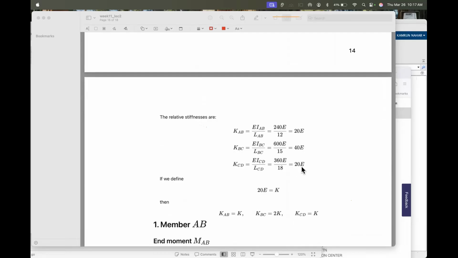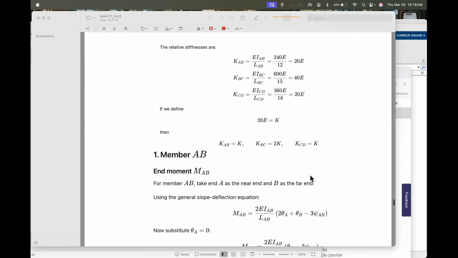So we can simplify the equation again and say that term equals K. It doesn't matter, you can use what we have, but there is nothing wrong with simplifying your equation the same way they did in the book. So K_AB equals K, K_BC equals 2K, K_CD equals K.